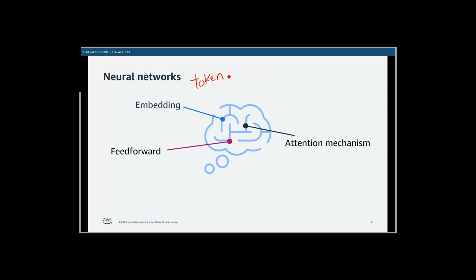If we're dealing with text, a token could be a word, a portion of a word, a phrase. It's part of the input that the model breaks up into tokens. If the input was an image, then a token would be different patches and areas of an image and so on. And the tokens are then processed in the embedding layer, and it generates what's called a vector, a sort of mathematical representation of the tokens.